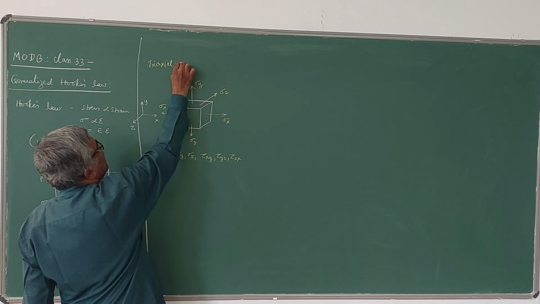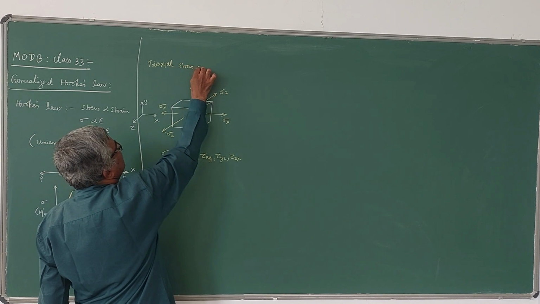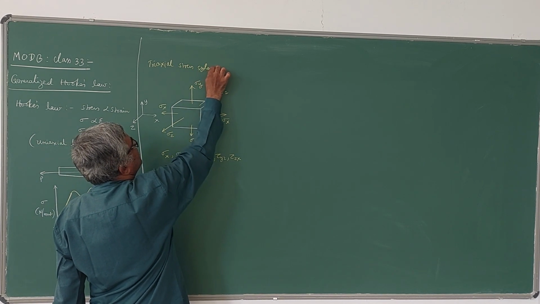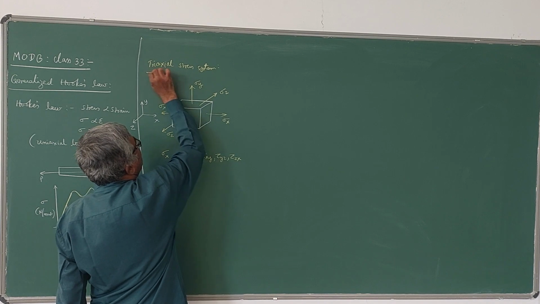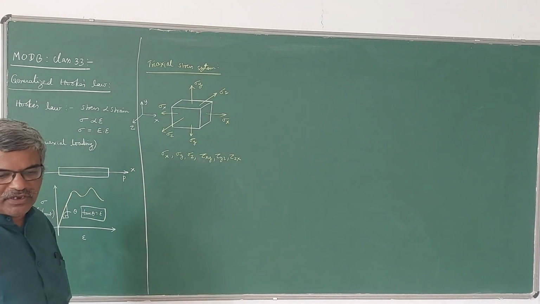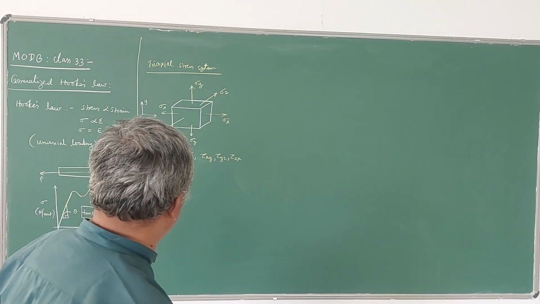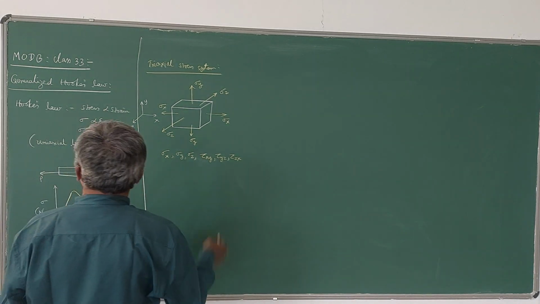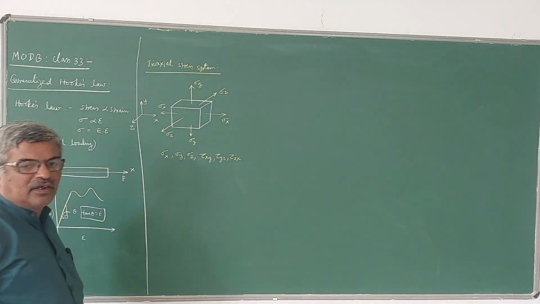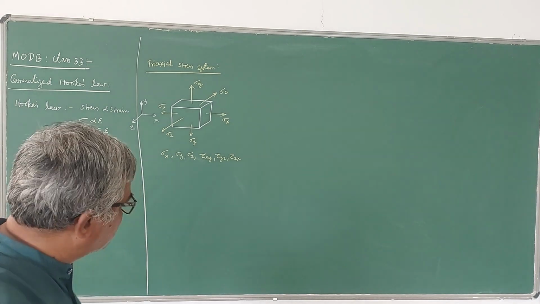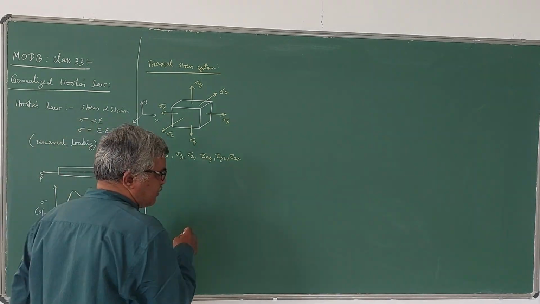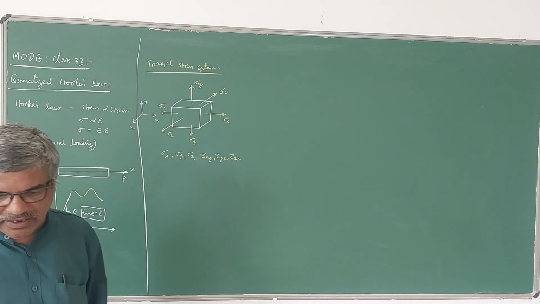So stresses are acting in all the 3 directions. If the stresses act in 2 directions, then it is a 2-dimensional stress system or biaxial stress system. Now, this generalized Hooke's law is defined for the triaxial stress system. So we will see how we can arrive at the equations.